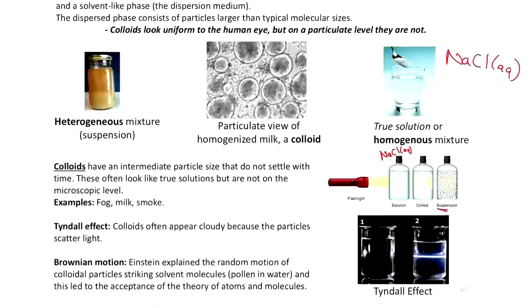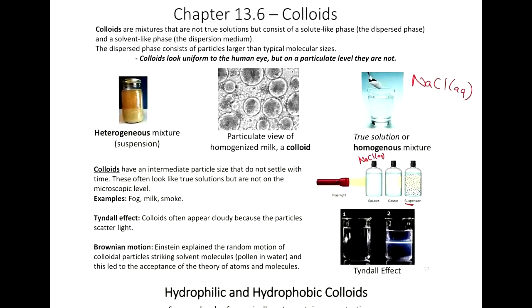But now, because we are better, we're going to look at an intermediate type of mixture, and that's a colloid. A colloid is weird. Colloids seem like true solutions. They're uniform. An example is milk. Milk is a colloid. Okay?